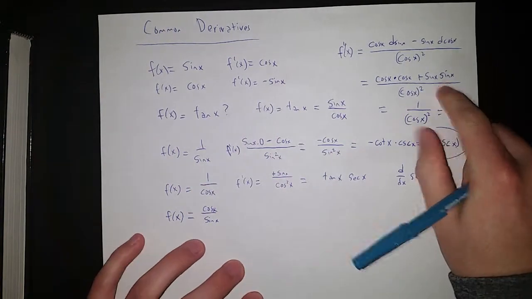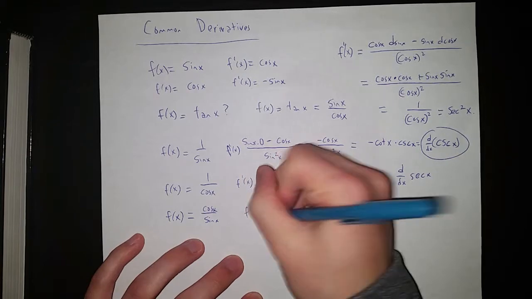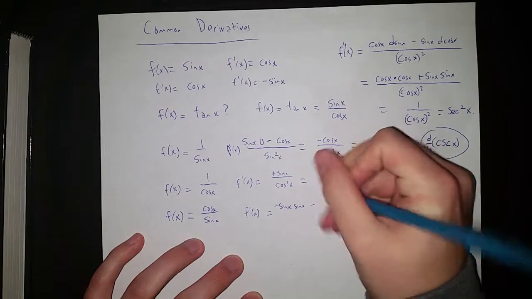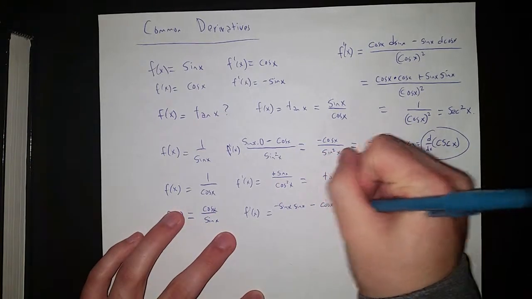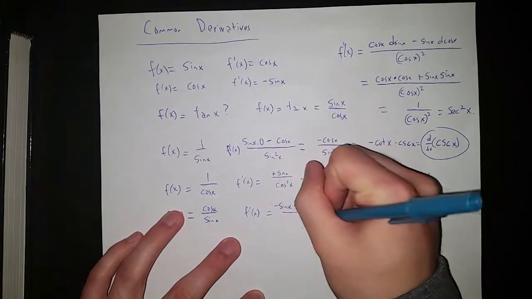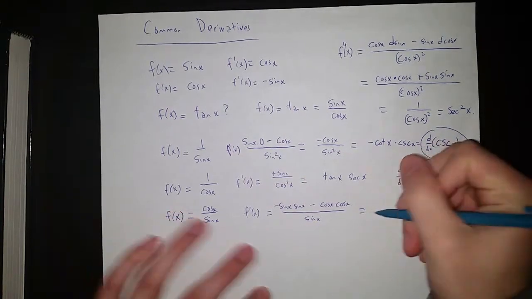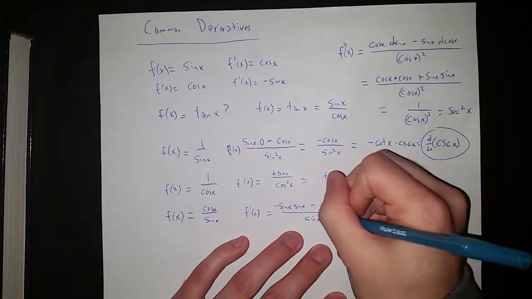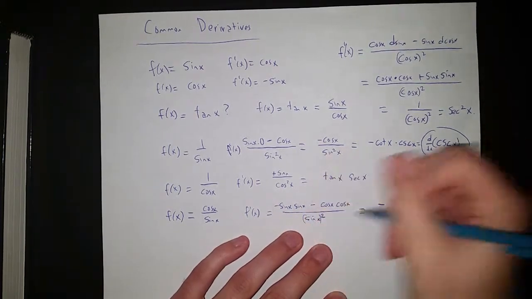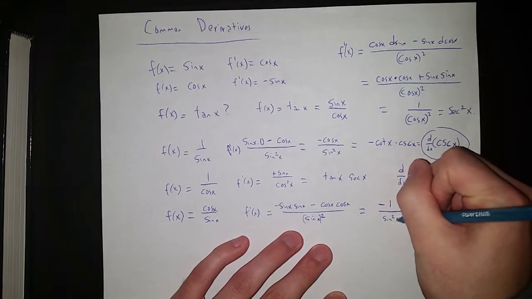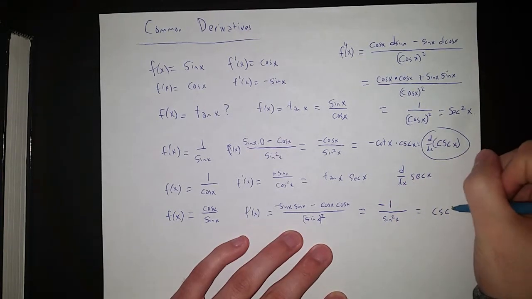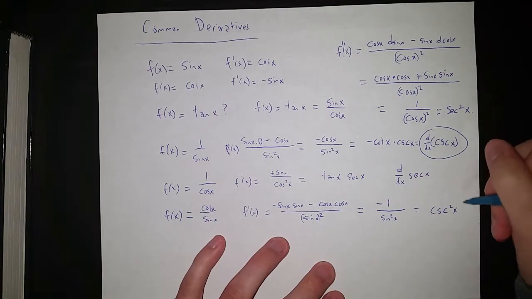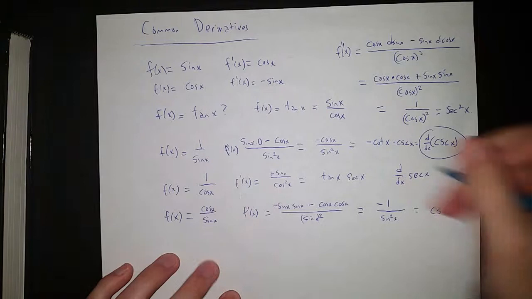Same thing as before. f prime of x equals low d high minus high d low over low low, equals a minus 1 on top and then sine squared on the bottom, which equals minus cosecant squared x. And that's the derivative of cotangent of x.